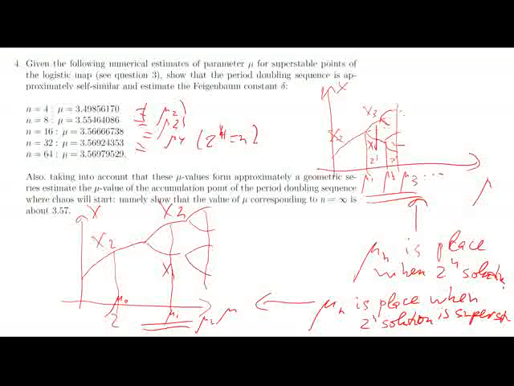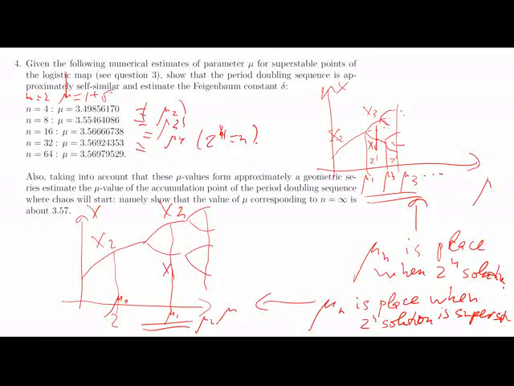For n equal to 2, by the way, I found this mu in one of these lectures. I don't remember what it was, equal to 1 plus square root of 5. Am I right? Let me check.